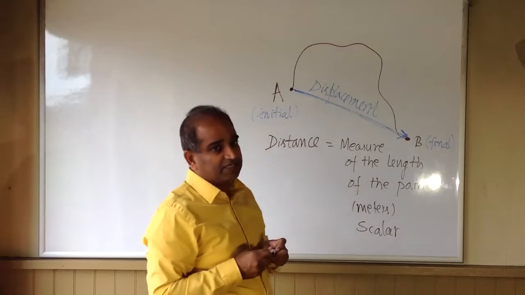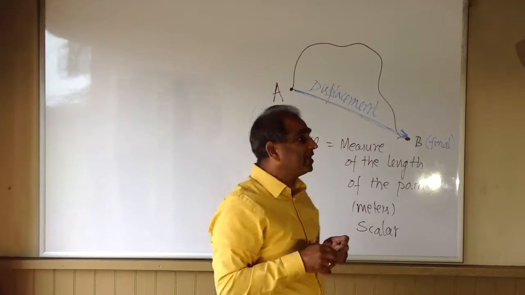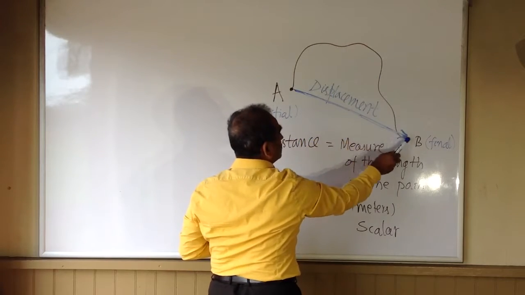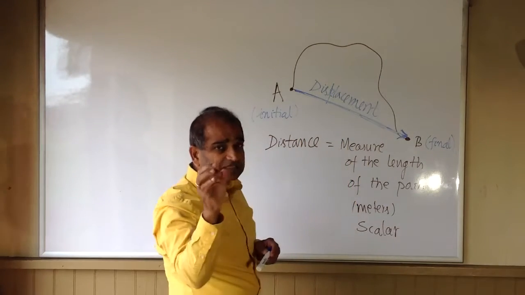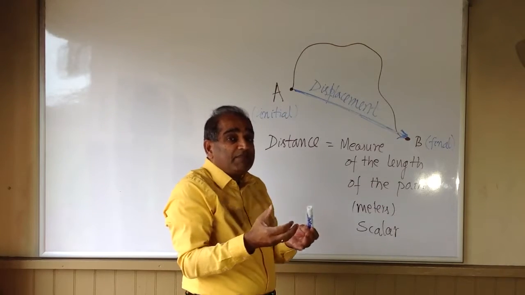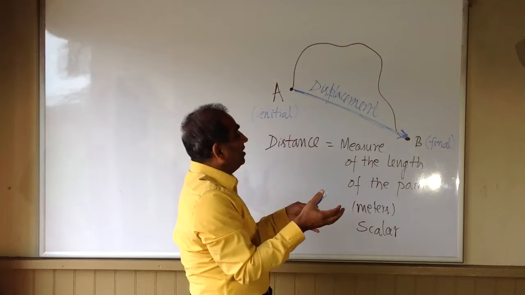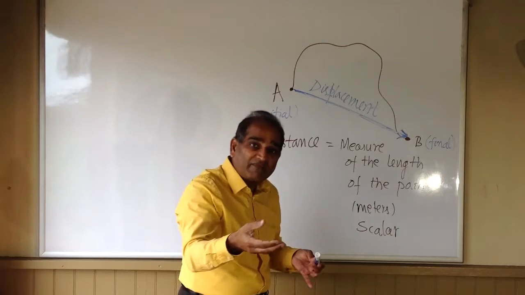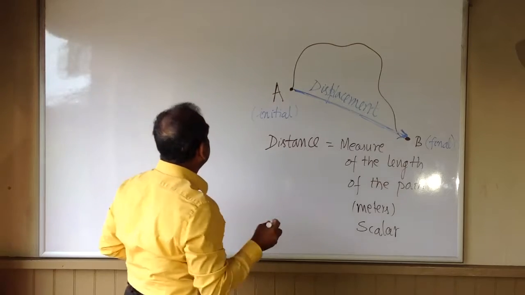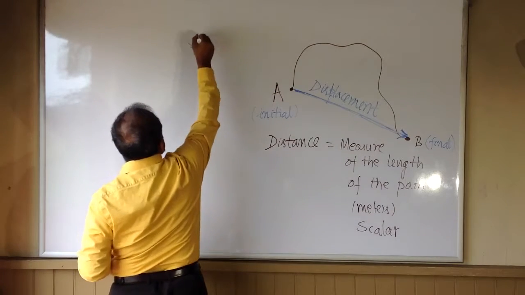Now the question comes: if a particle starts at point A and travels all this way to this point in a certain amount of time, then we can measure the amount of distance traveled every second. That's called speed.